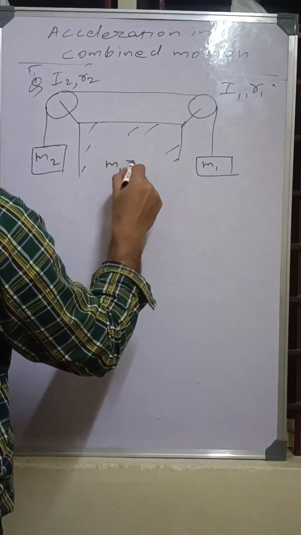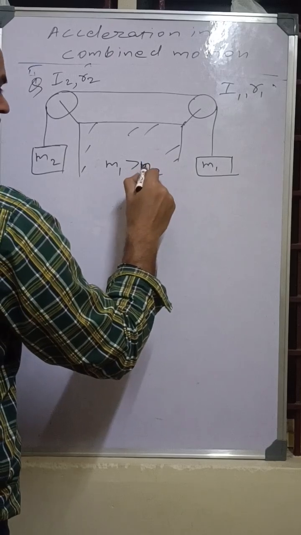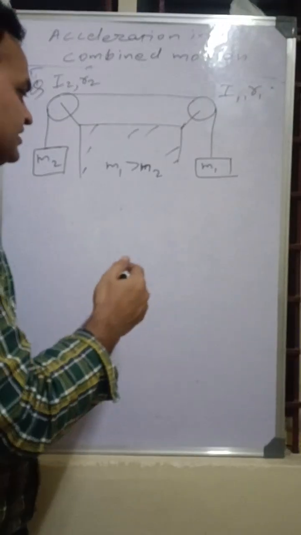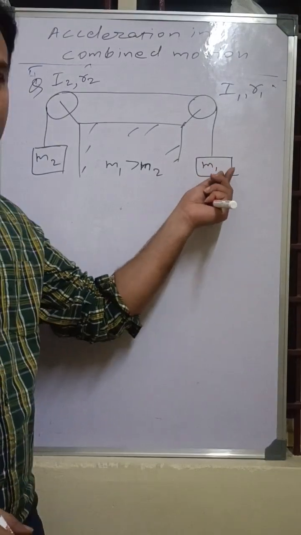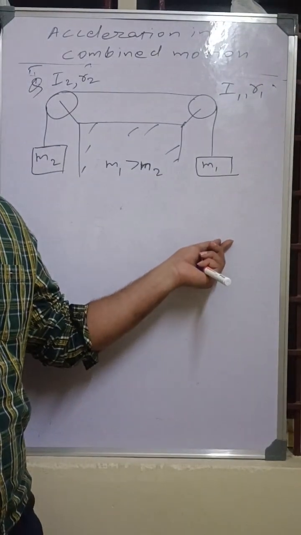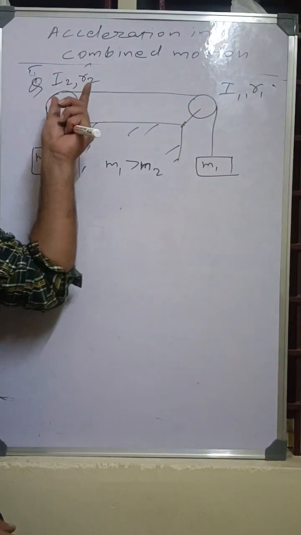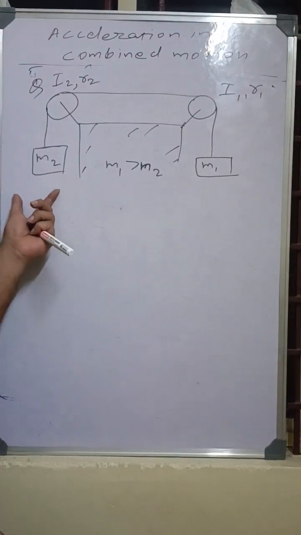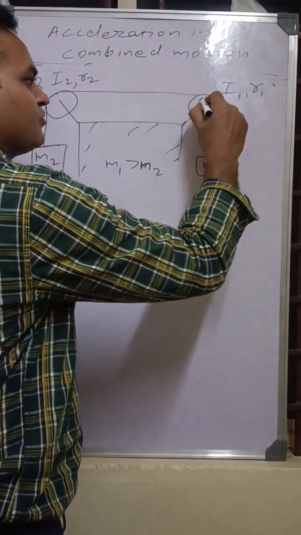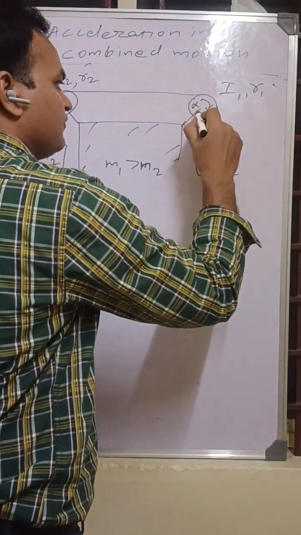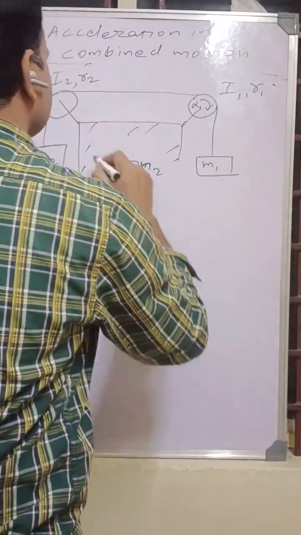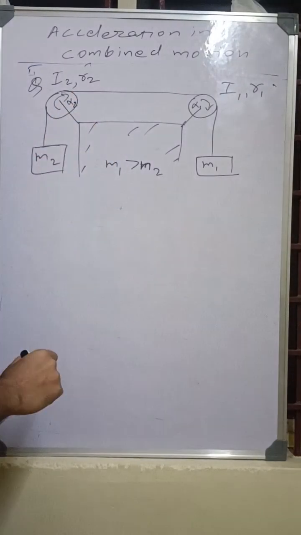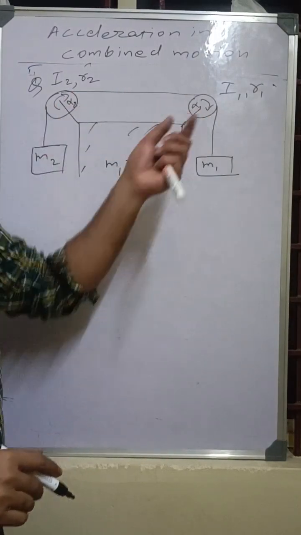Suppose M1 is greater than M2. If M1 is greater than M2, you can say easily that this mass will go downward with acceleration and this mass will go upward with acceleration. This pulley can rotate in this way, alpha 1, and this pulley can rotate in the clockwise direction, same sense, alpha 2.